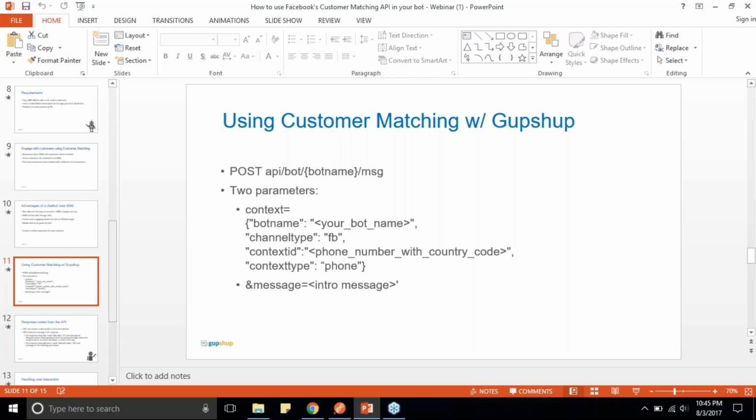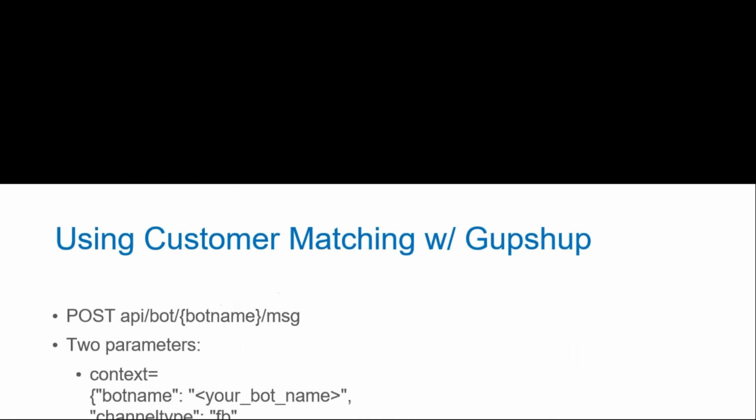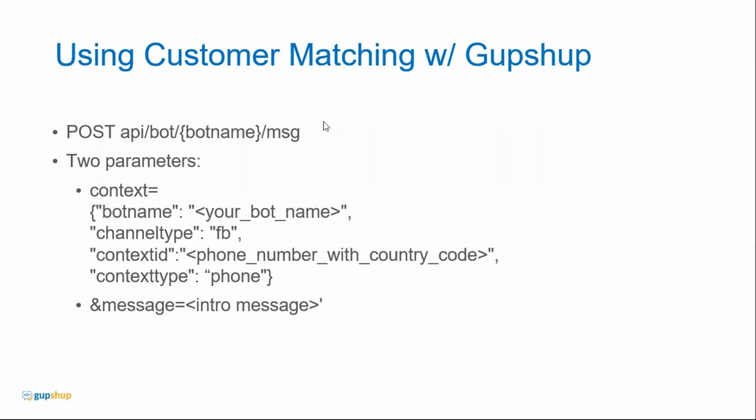If you're able to look at my screen, this is the API, a POST API send message, which will be sending a message from a bot, and it takes two parameters: one is context and one is message. In the context, you can send this JSON. You just have to enter the bot name which you have created, and the context ID would be your phone number with your country code. And message would be some sort of introduction message as to who you are as a business or something like that.